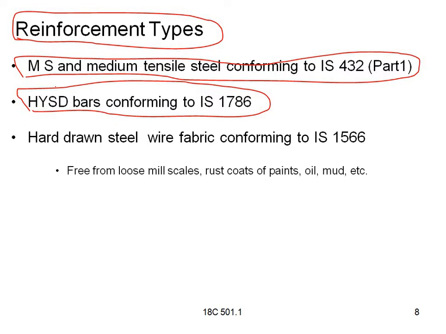But the HYSD bars are rough, coated, with angular shape. We can see Tata Steel or Jindal Steel written on them, so the names will be there, which are per IS 456.